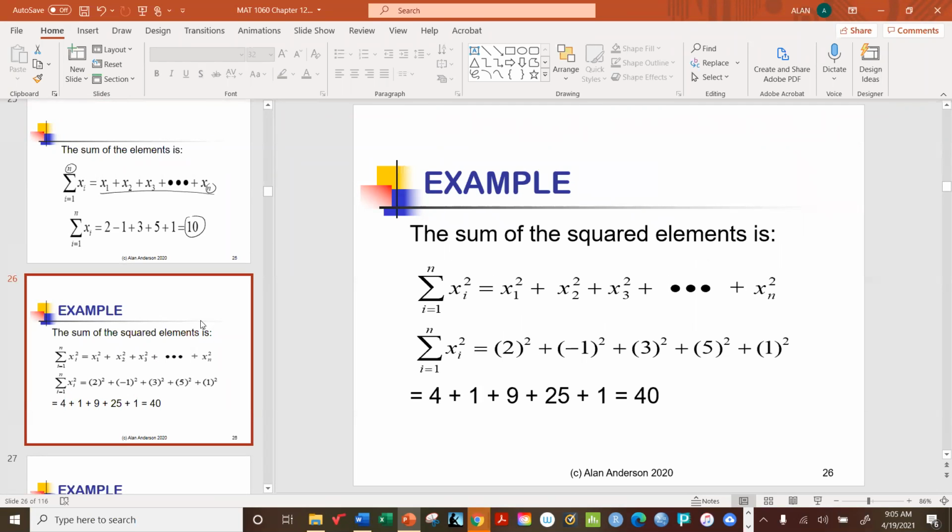What if I did this? What if I wrote not the sum of x's, but the sum of the x squares? Ooh, now something is very different, isn't it? What you're doing here is you're not adding up the x's, but the squares of these x's. So here you have to square each one, and then you can add them up.